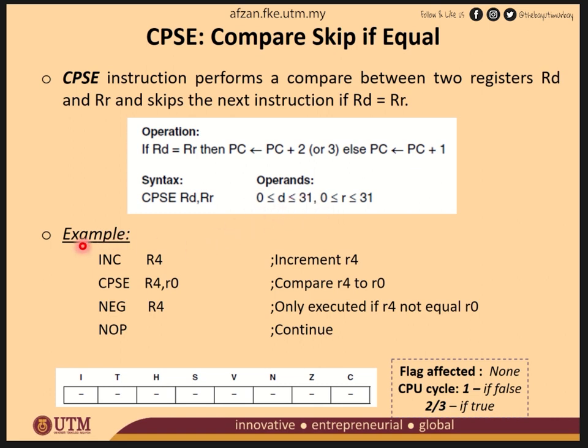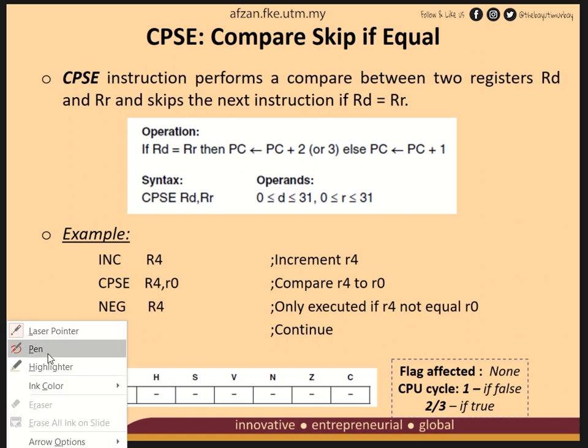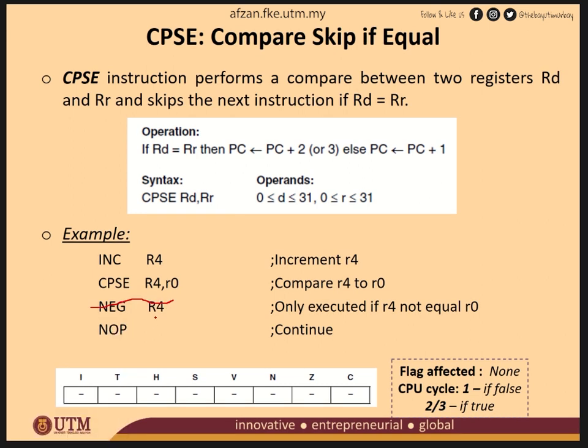Right, so let's see the example here. Increment R4, and then you do CPSE R4 with R0. You want to compare R4 with R0. If R4 and R0 are equal, meaning the value is the same, you skip the next instruction here, because R4 and R0 are equal. The following instruction is NOP.